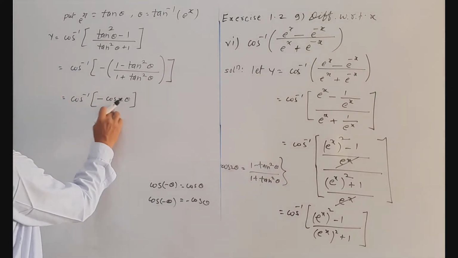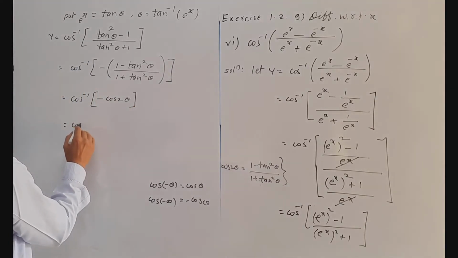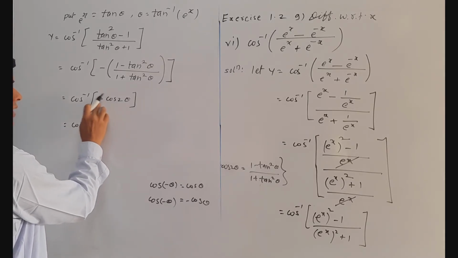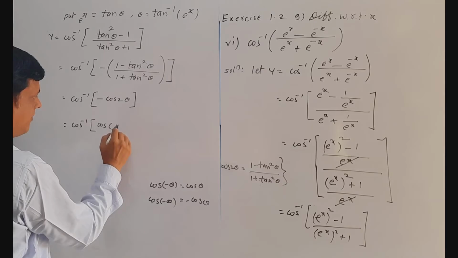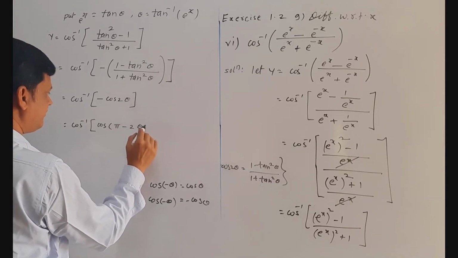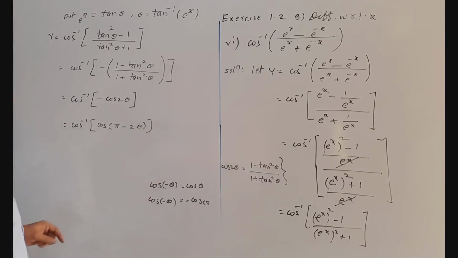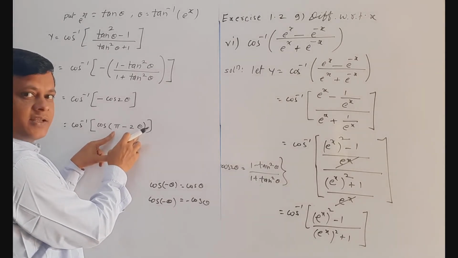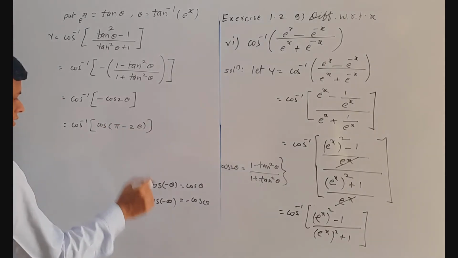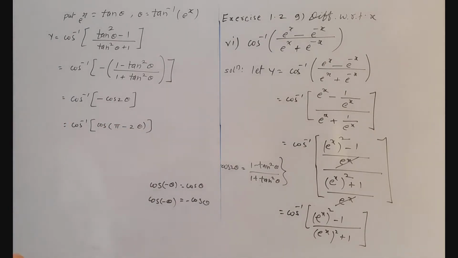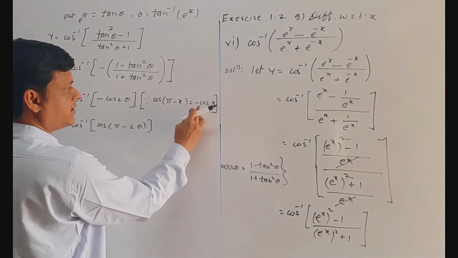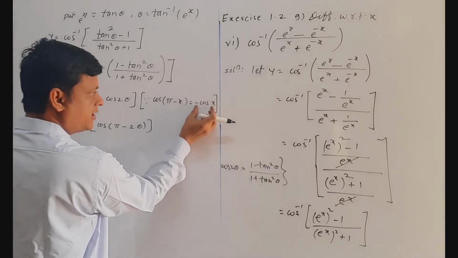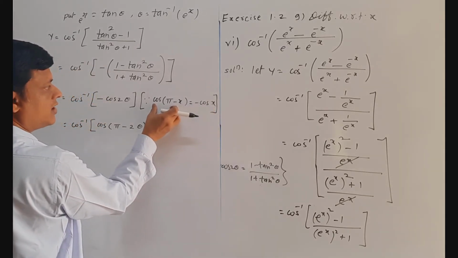So for this we have to use a formula for converting this minus sign to plus sign. We write cos of pi minus 2 theta. That means cos of 180 minus theta is minus cos theta. So you write here one more formula for your convenience. We use here cos of pi minus x equals to minus cos x. So we write this minus cos x as cos of pi minus x.